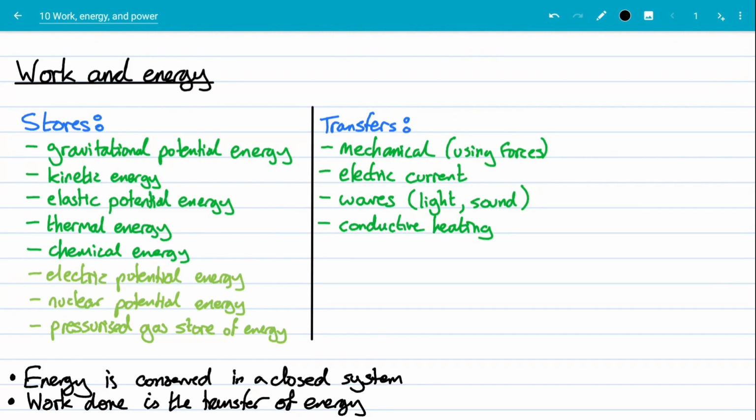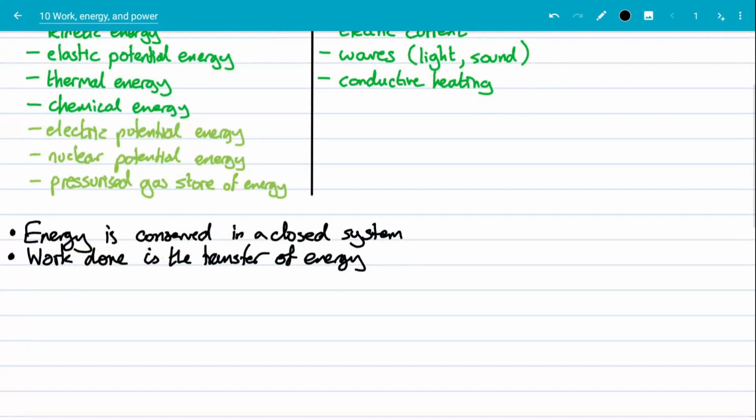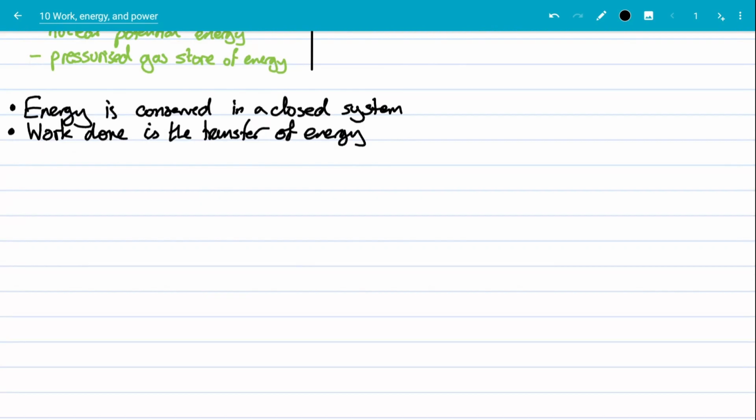Work can be done by waves, work can be done by electric current, work can be done by conductive heating, work can be done by forces. And we are going to focus on forces doing work during this lesson. So work is done. And the amount of work that's done is the amount of energy that's transferred. Work is energy, energy is work. Work is the energy that is transferred.